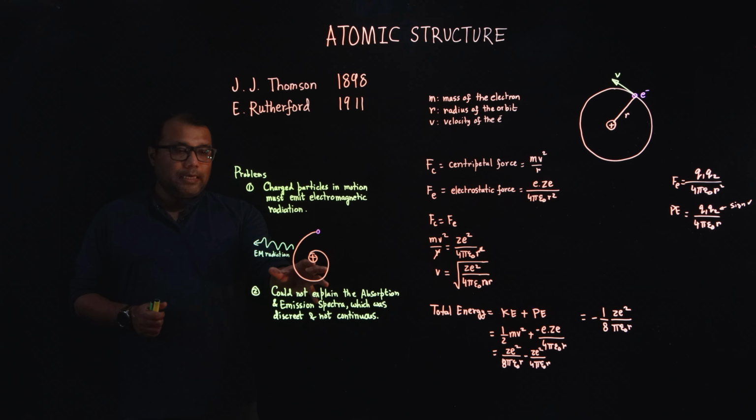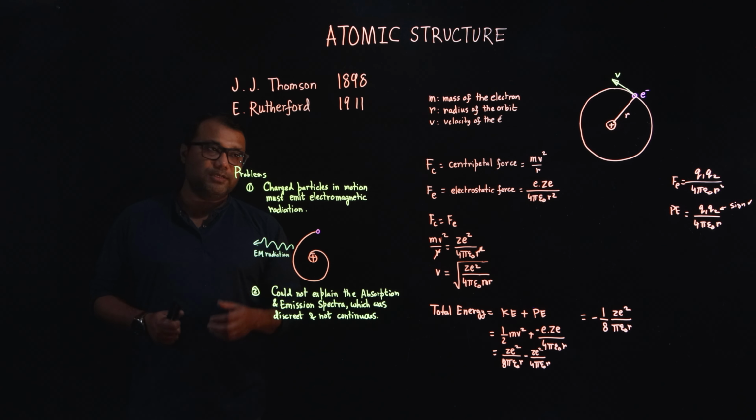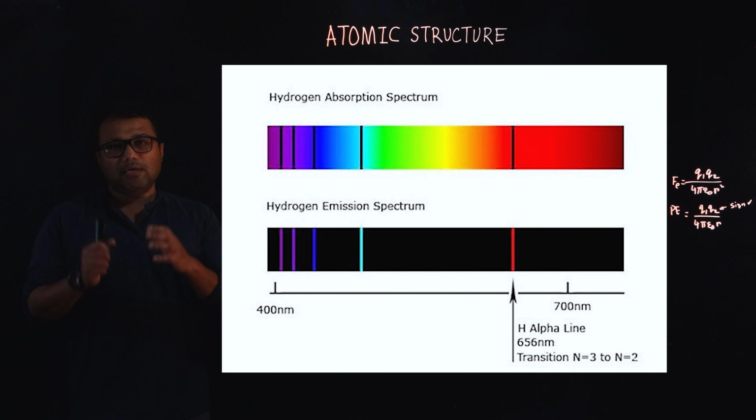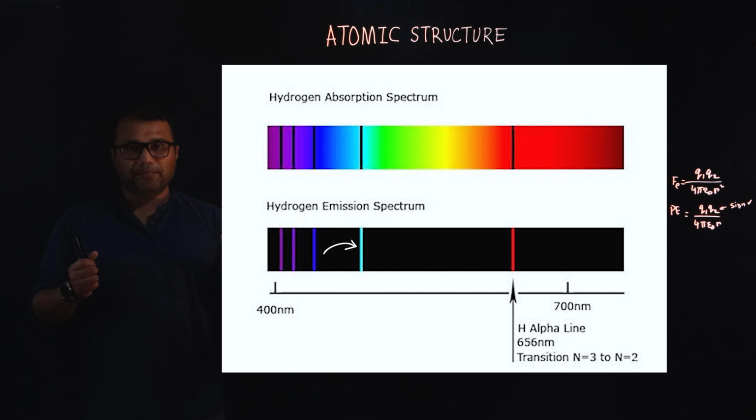This topic of absorption and emission spectra might need a little more understanding. For the benefit of the listeners, I will put down an example of an emission spectrum and an absorption spectrum of, let's say, hydrogen. If hydrogen gas is excited, it emits radiation which has only a few wavelengths in that spectrum.